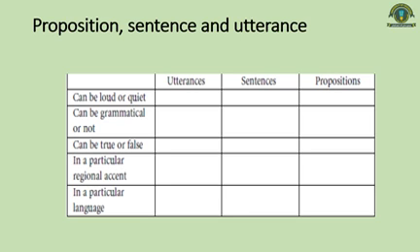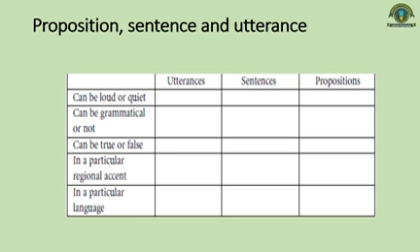Then the next thing is, can be true or false. Obviously, utterances can be true or false, so we put a plus sign. Sentences can also be true or false, so again there will be a plus sign. Propositions can also be true or false, so again there will be a plus sign in the box of propositions.